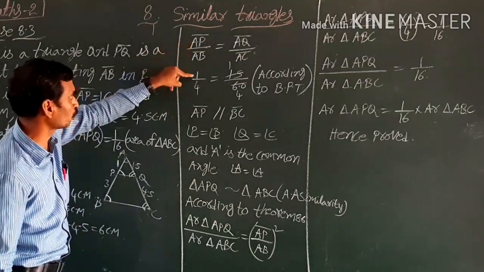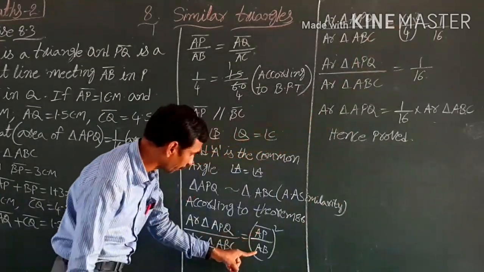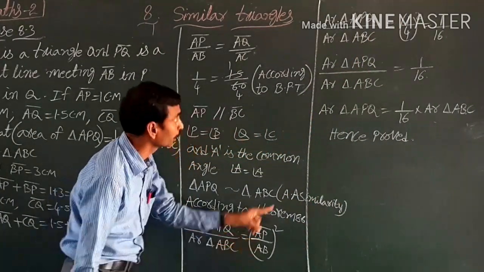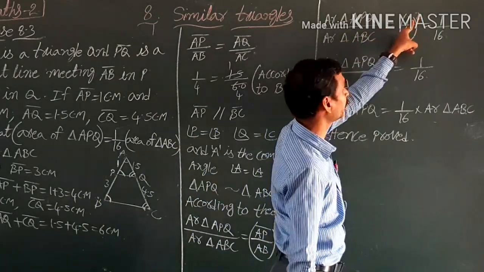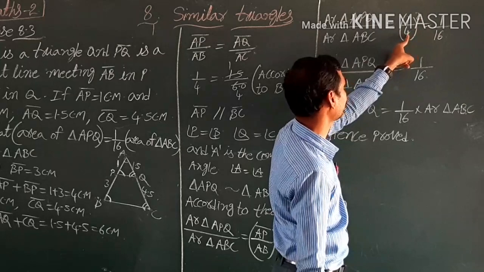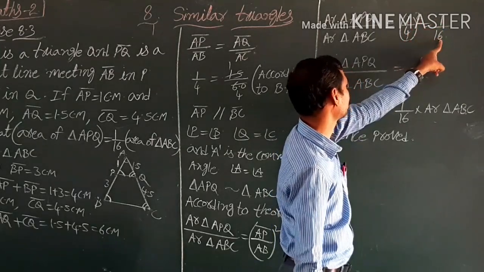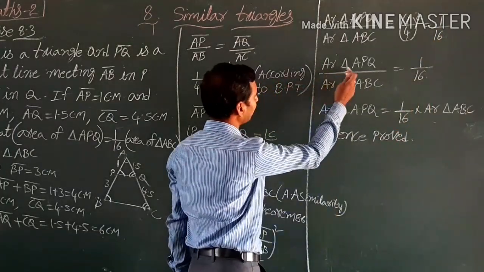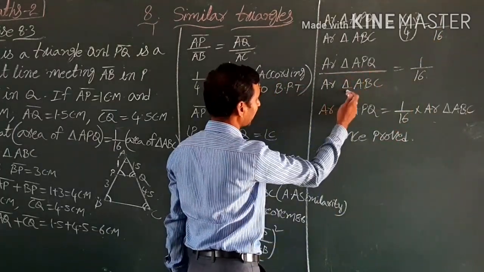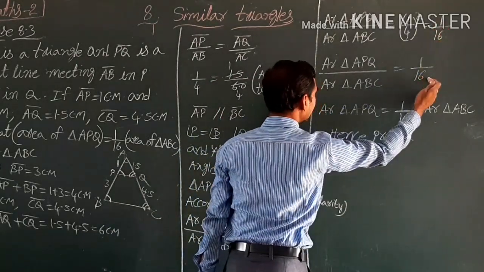Substituting, square for numerator and square for denominator: 1 square is 1, 4 square is 16. So area of triangle APQ by area of triangle ABC is 1 by 16.